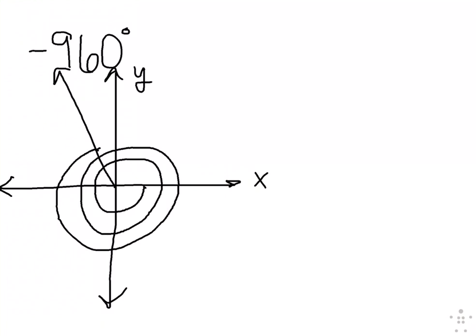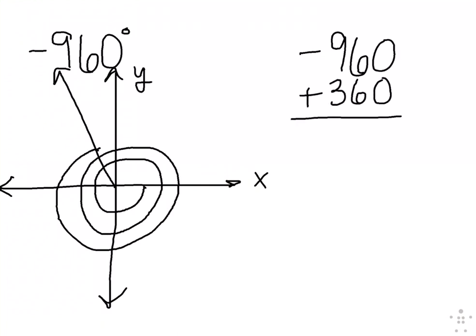Now, one positive and one negative one. Here's the trick. Negative 960. If I add 360 to it, what number does that give me? Negative 600. Is that positive yet? Nope.